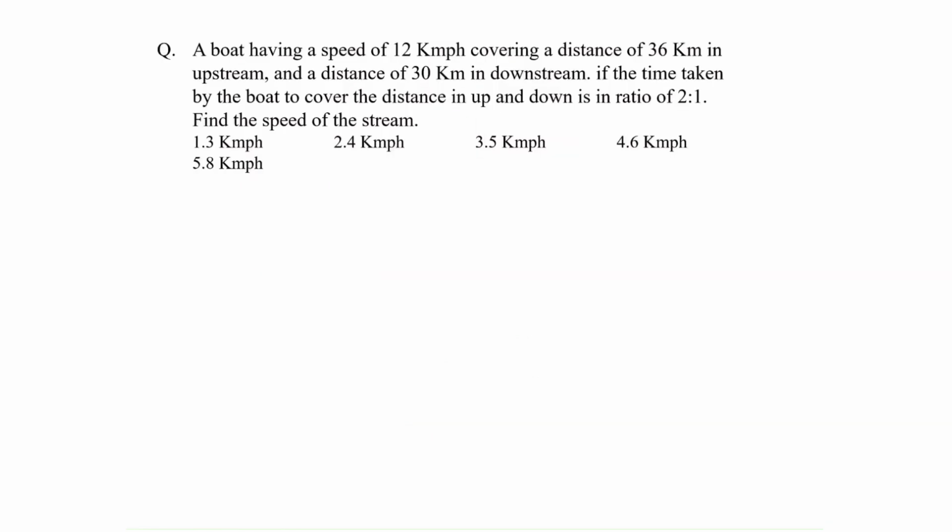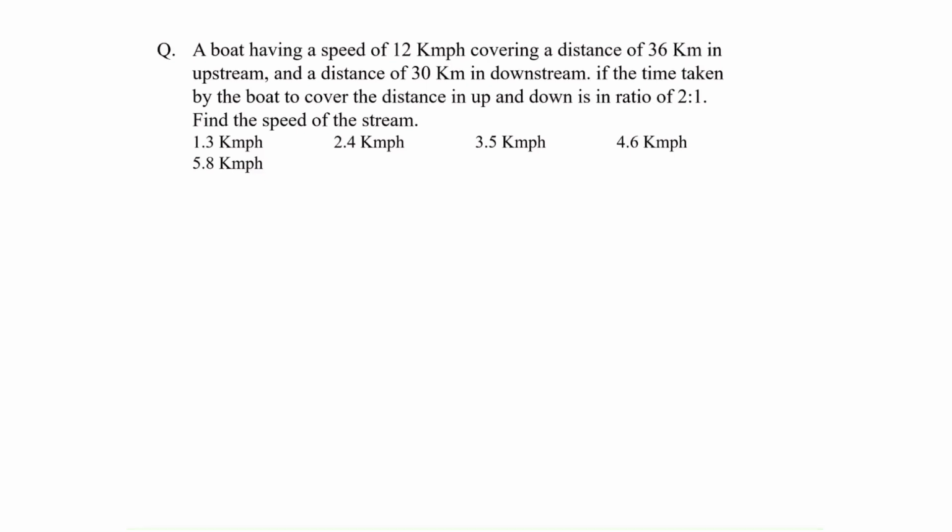A boat having a speed of 12 km/h covering a distance of 36 km in upstream and a distance of 30 km in downstream. If the time taken by the boat to cover the distance in upstream and downstream are in the ratio 2:1, find the speed of the stream.